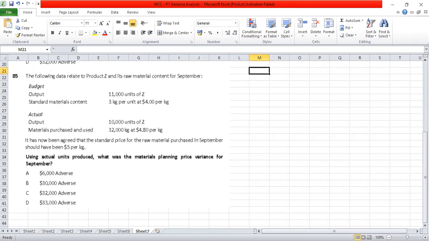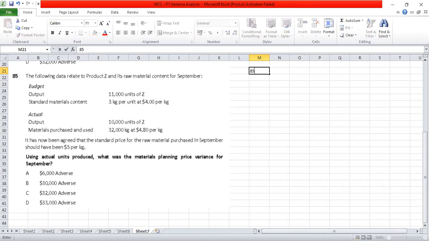So the variance is not in comparison with the actual price and the standard price. It is about what was planned and what should have been the plan. So the variance has to be considered only about the standard price and the revised standard price. So let's take it as the material price variance, 85th question.